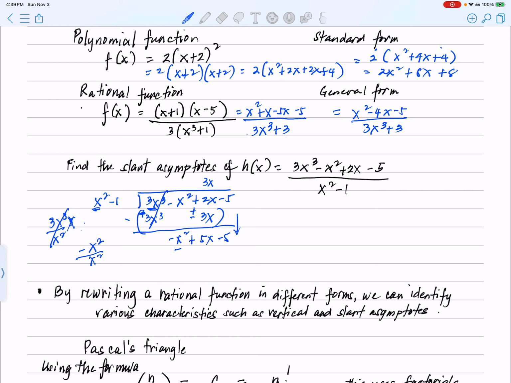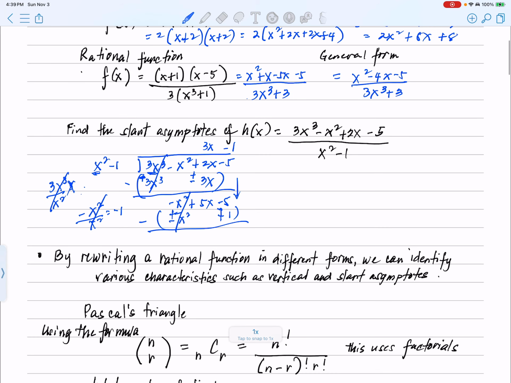So we have a negative 1. Multiply back. That will be negative x squared. Negative 1 times negative 1, that's positive 1. So change the sign. By subtracting, this will become positive. This will become negative. So cancel. This will become 5x minus 6.